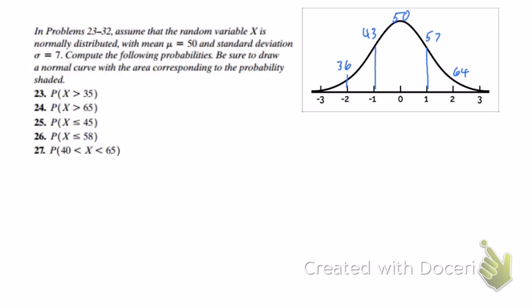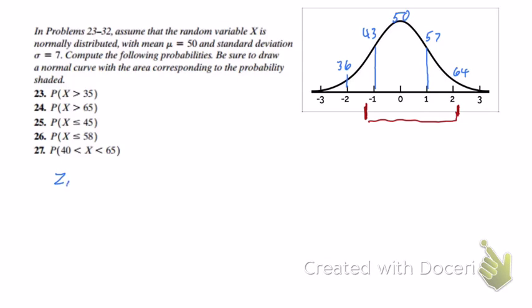Okay, let's look at this number 27. It's saying between 40 and 65. And if there were equal signs there, less than or equal to on those, it wouldn't change it at all. So really now what I'm wanting is find 40. So 40 would be right in here. 65 is right in here. So I'm wanting this area in between. So what do you do? You find the big one's z-score.